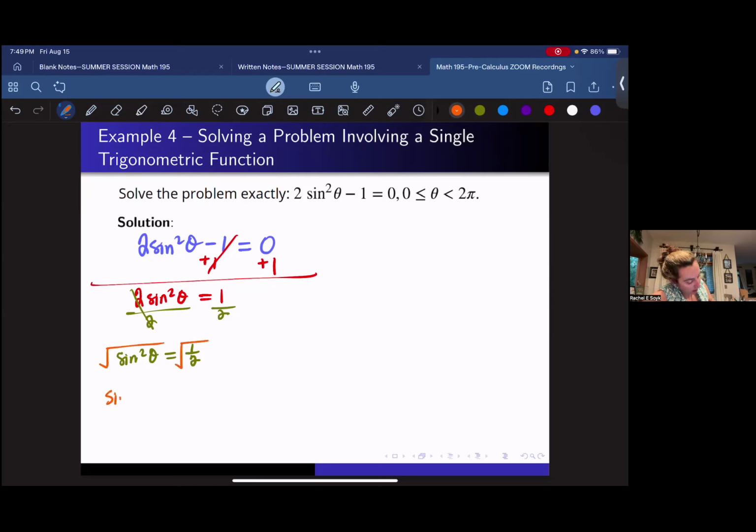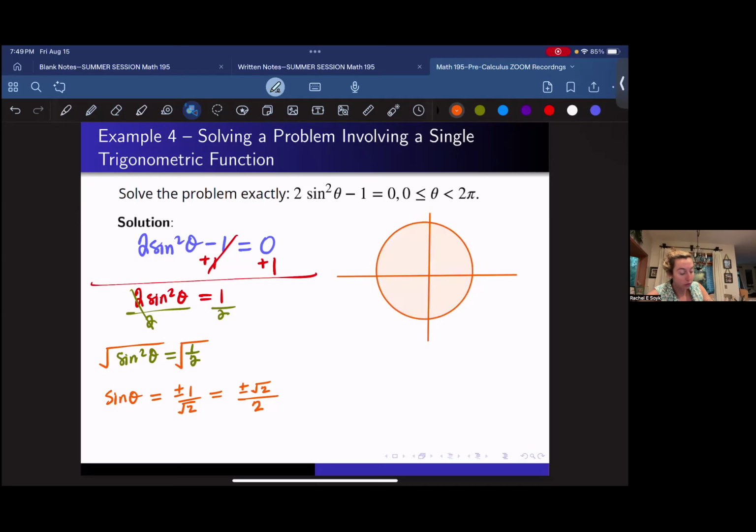So we have sine theta is equal to plus or minus 1 over the square root of 2, rationalize the denominator, and we're looking at plus or minus square root of 2 over 2, which makes a huge difference because now we have no restrictions on the positive or negative signs.